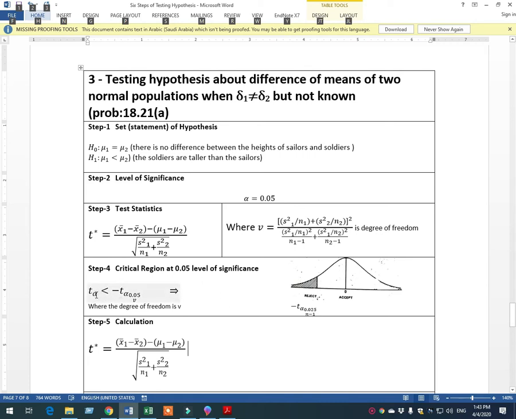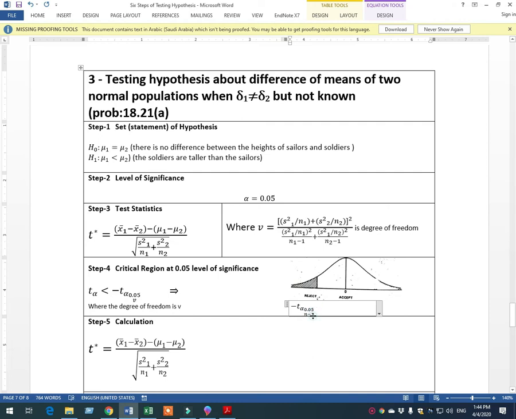Now we have the critical region less than the minus T alpha with V degree of freedom at 0.05. Let me change this here again. So it is 0.05 with V degree of freedom.